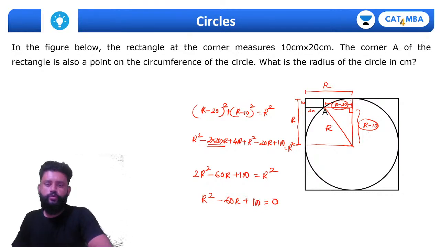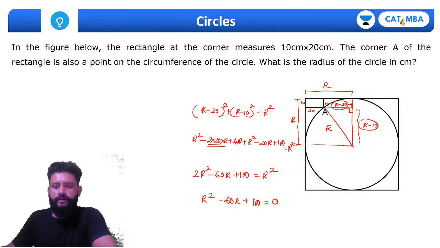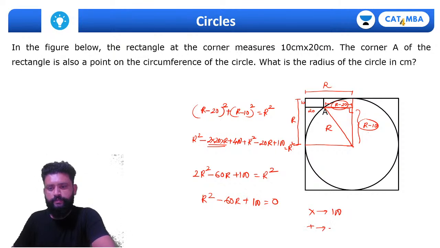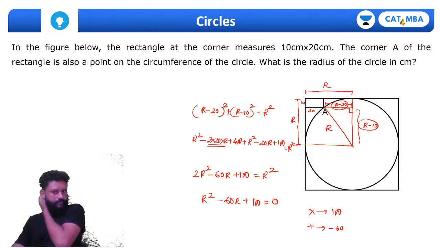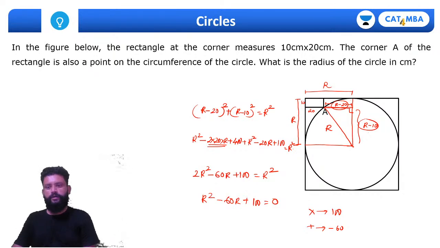equals 0. So I want numbers whose multiplication is 500 and whose addition is minus 60.